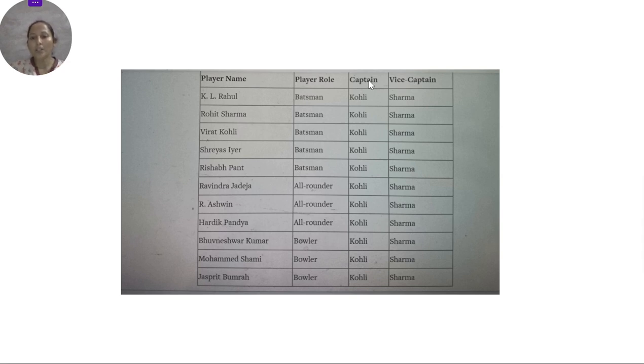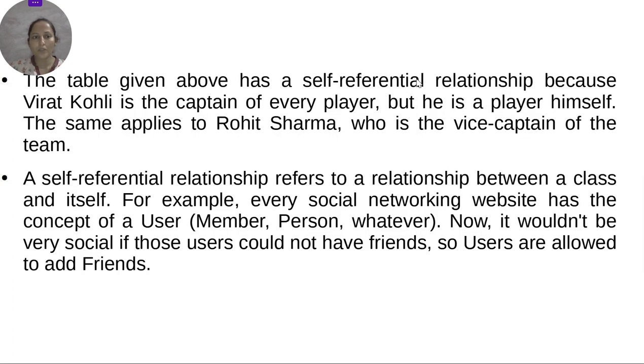In the last example, the manager was the same role. Here, the captain is the same role, who is managing the team, but he is also a player. I hope you got it. The table above has a self-referential relationship because Virat Kohli is the captain of every player, but he is a player himself. The same applies to Rohit Sharma, who is the vice captain of the team.